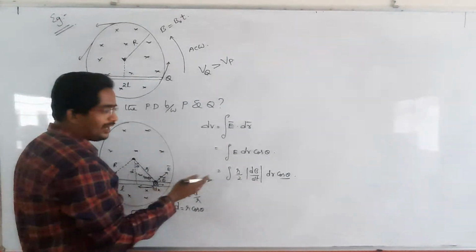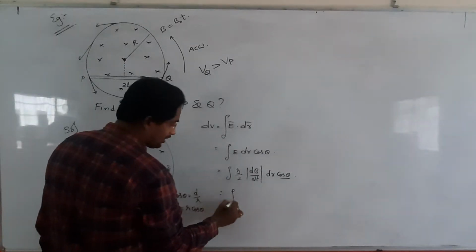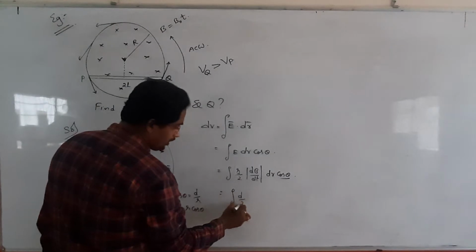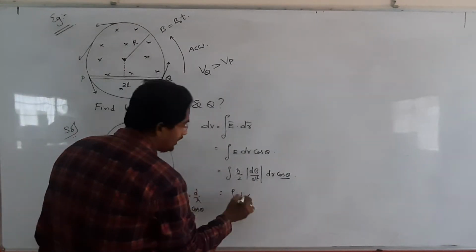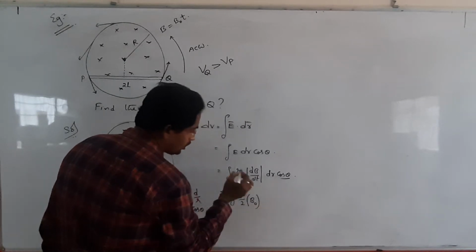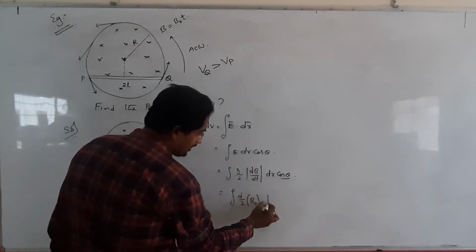Such that we are getting the integral of d by 2 into dB by dt, that is B naught, into dr only remaining.